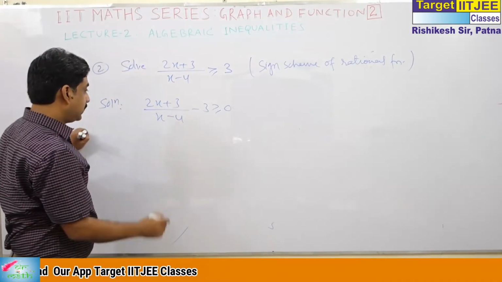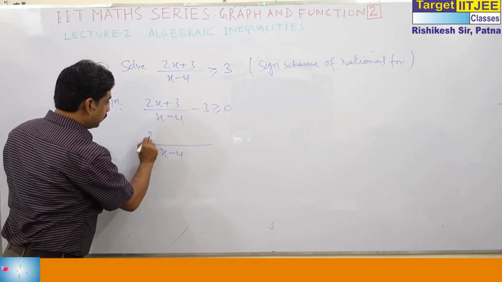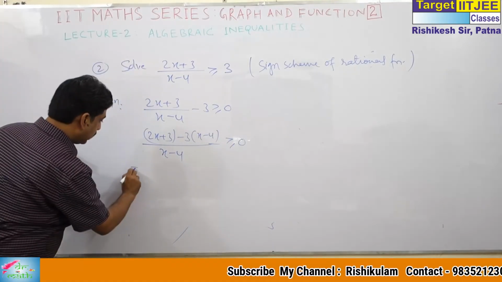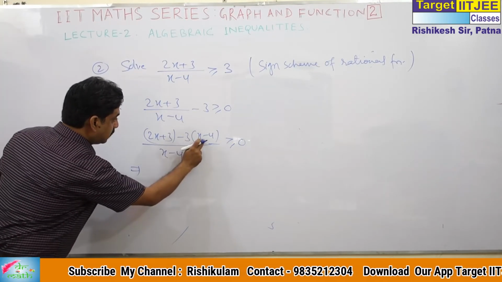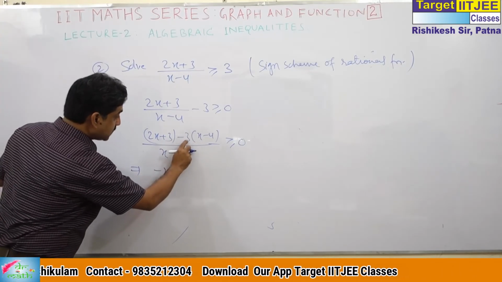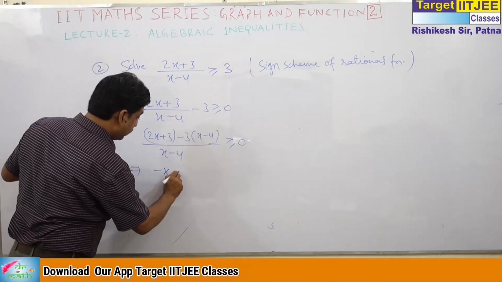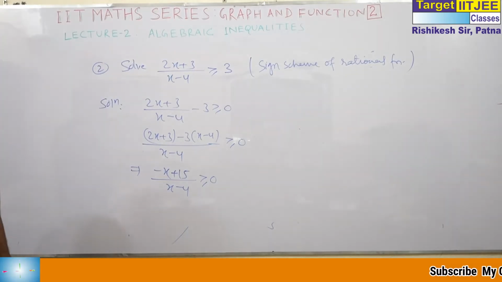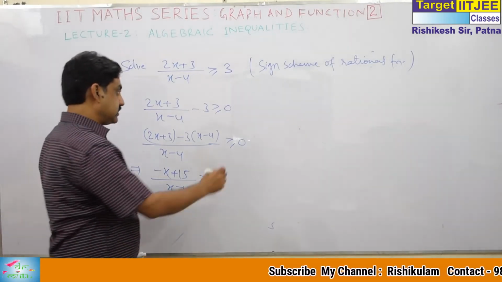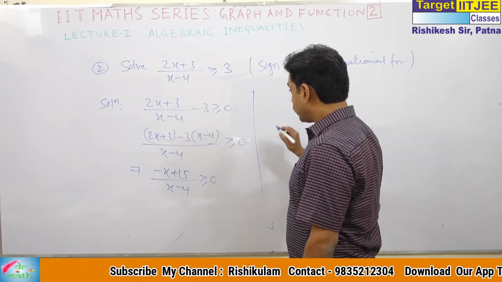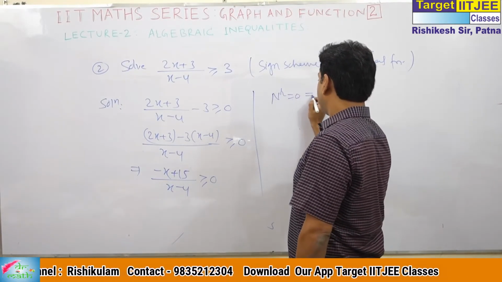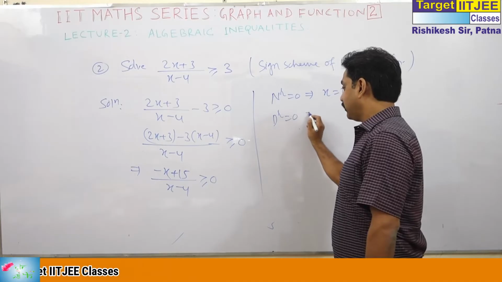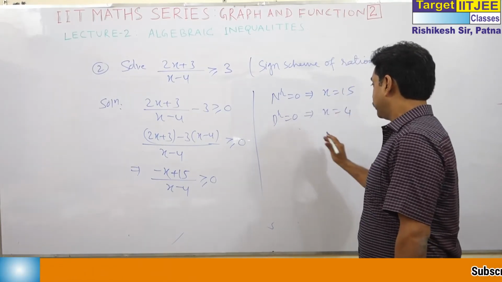Take the LCM: (2x plus 3 minus 3(x minus 4))/(x minus 4). This is 2x minus 3x, that is minus x, plus 3 plus 12, so 15 minus x over x minus 4 is greater than or equal to 0. How to draw the sign scheme here? We make the numerator equal to 0, which gives x is equal to 15. We make the denominator equal to 0, which gives x is equal to 4.